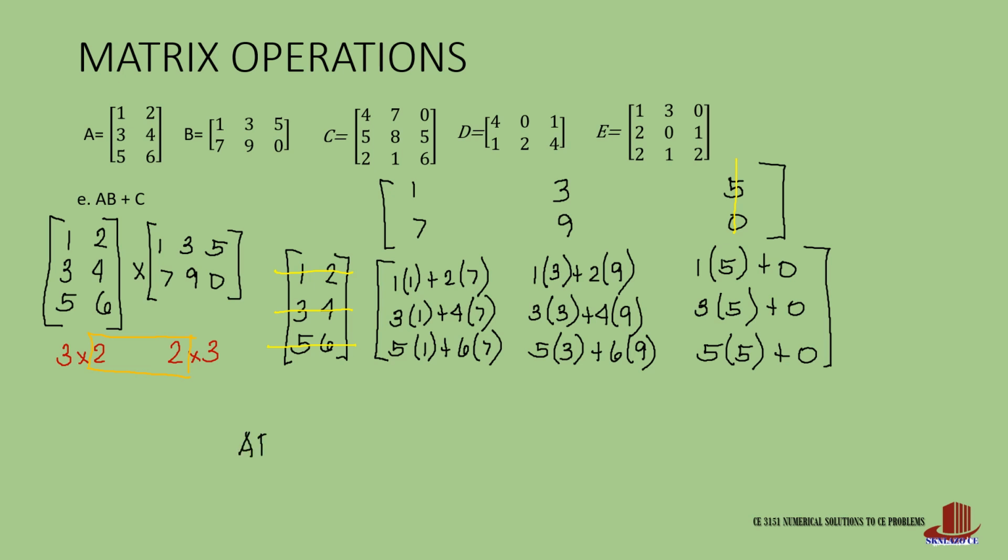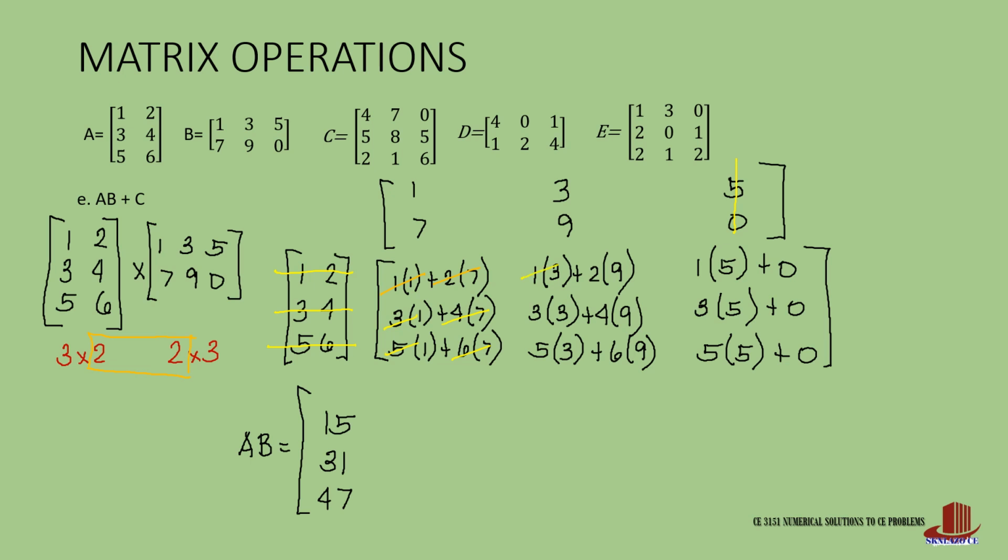So we can simplify our answer with the matrix. 1 plus 14 is 15. 3 plus 28 would give us 31. Then next, 5 plus 42 would give us 47.